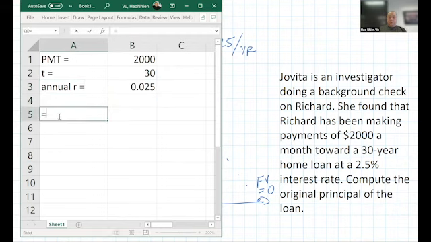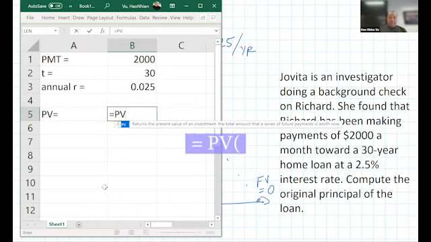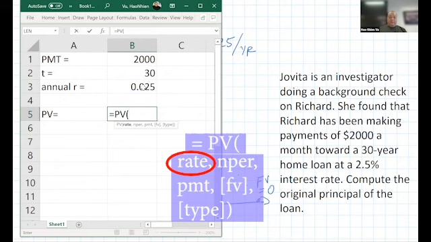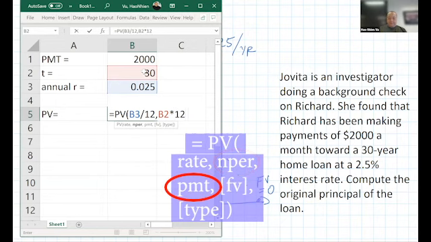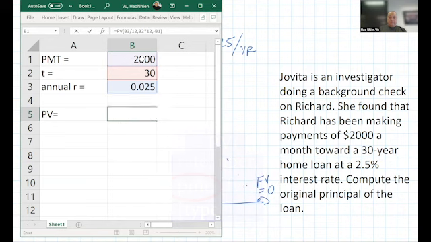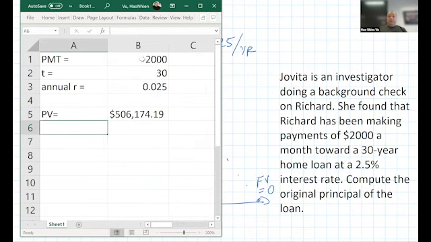So we're looking for the present value equals PV. The rate is this, divide by 12. The number of periods is this times 12. And the payment is negative this number, 506,000. The original loan was 506,000.